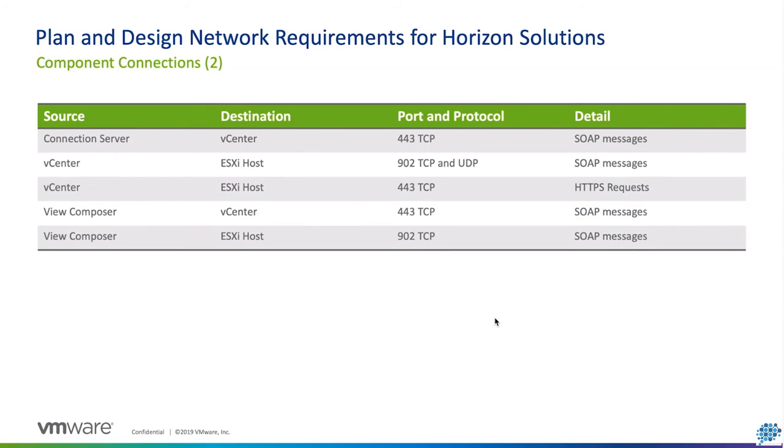So let's start with our virtualization infrastructure, which is basically our connection server, vCenter, and our ESXi hosts. You can see that they mostly connect over 443 TCP, and they also have 902, which is our console and SOAP message communication within vCenter and ESXi hosts.